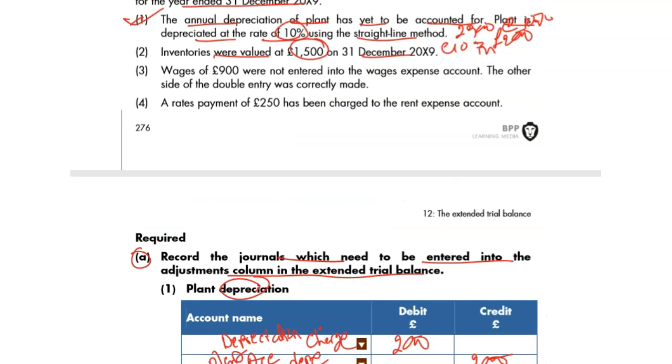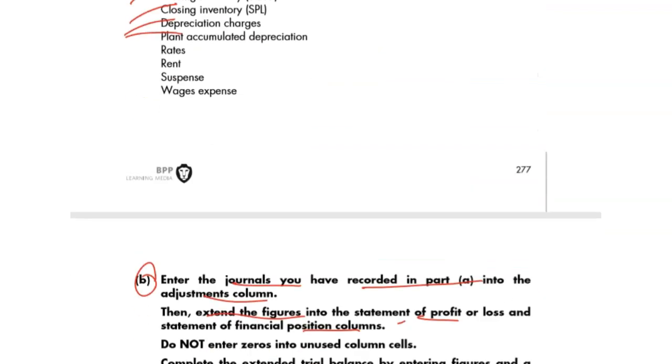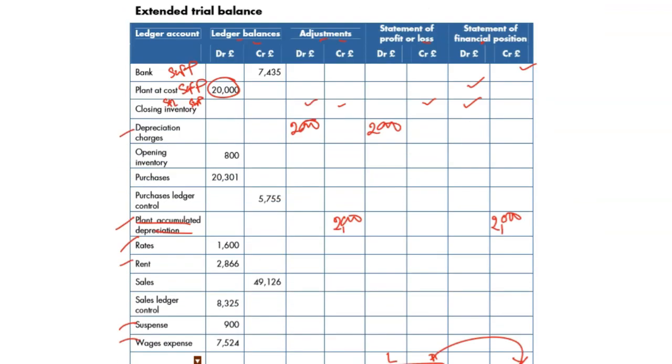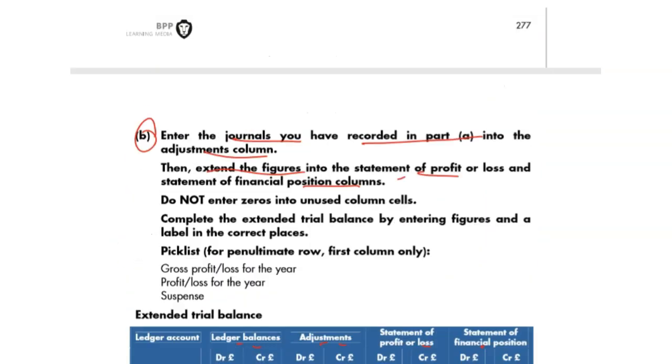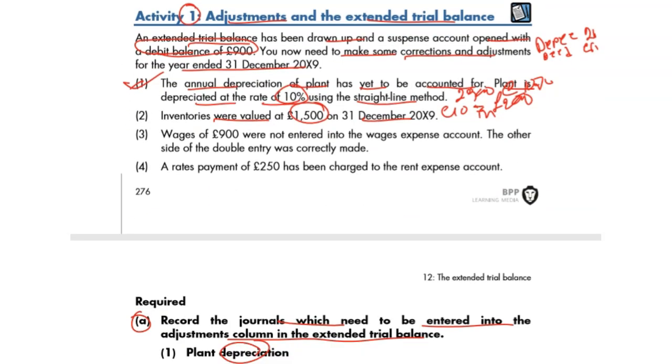And how much is the figure? 1,500. So if we go to the closing inventory adjustment here, closing inventory debit 1,500 and credit 1,500. These are the 2 adjustments: in the SPL it is credit 1,500 and SOFP it was debit, wasn't it? That's how we did the journal. That's exactly what you need to do. Moving on, SOFP debit, SPL credit. Job done. Number 2 done.